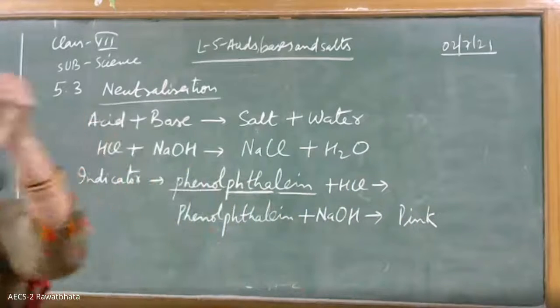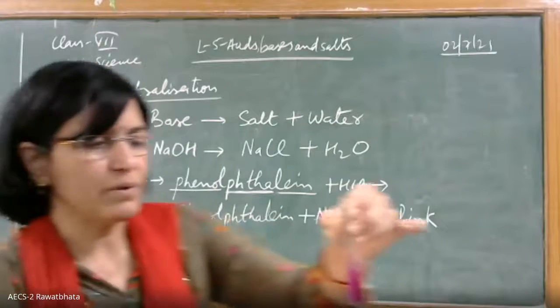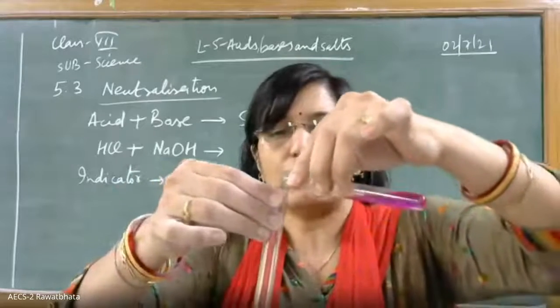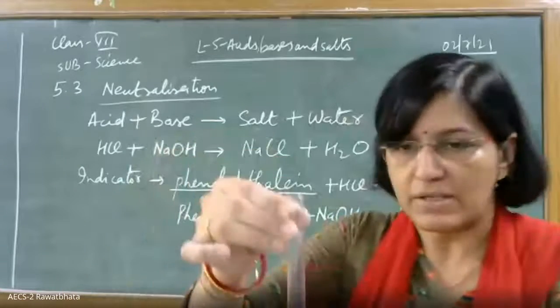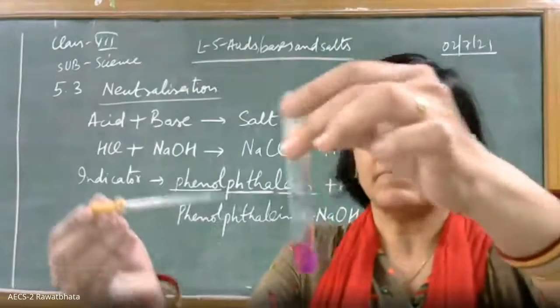Now let's have fun with this test tube. Because it is filled up more, and now I have to add acid, I am putting some amount of it in another test tube. Let's see.